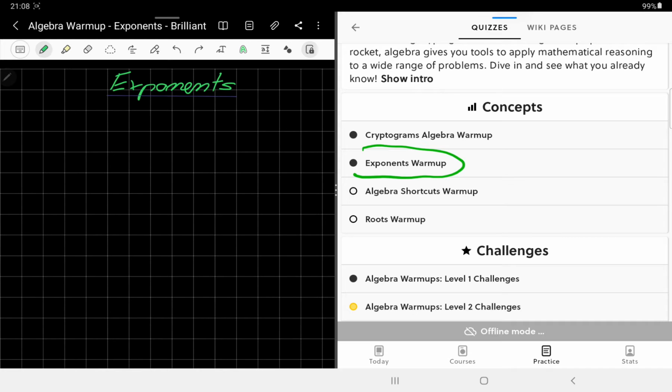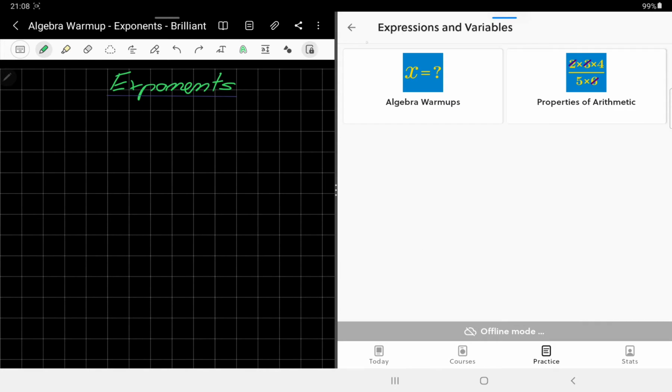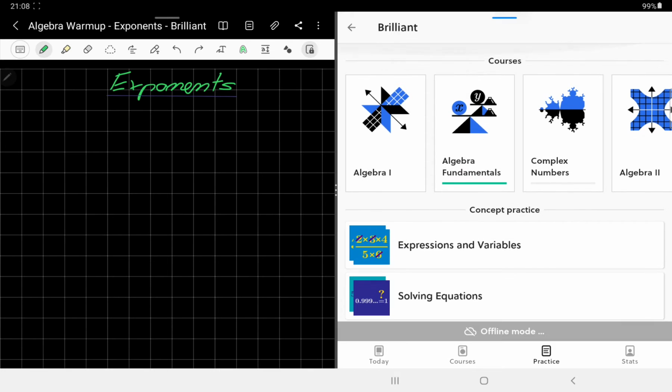exponents warm-up. Before we go further, I want to say that probably one of the ultimate goals with these practices is to get into linear algebra. So let me go back here. We can see the courses for algebra currently, as of the end of May, actually today is May 31st, 2021.